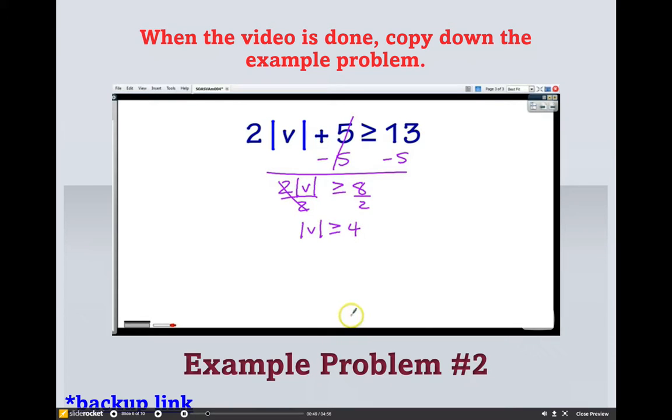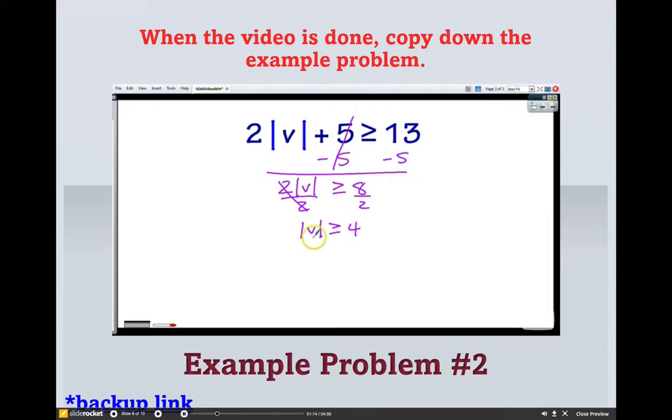Okay, so now what we want to do is we basically want to think about what v could be. And I think the tricky part here is it's all about absolute value. That absolute value, if it's positive, it stays positive, but then if you have a negative number, it becomes positive, or it gets rid of the negative sign. So let's actually think about that in two separate stages. Let's think about all the positive numbers that would work here.